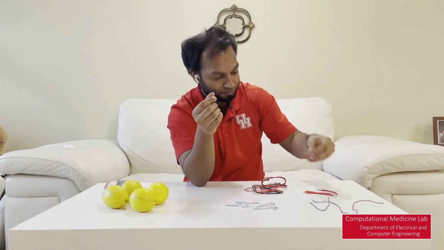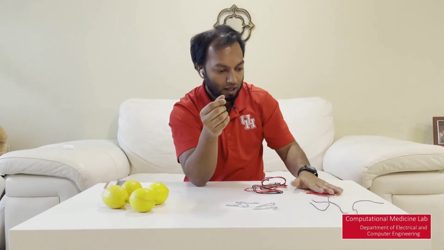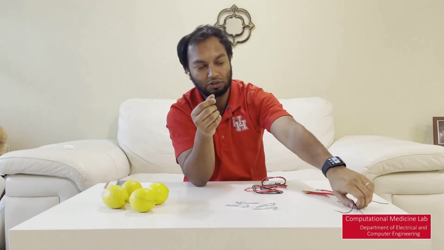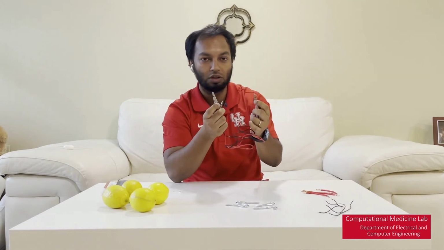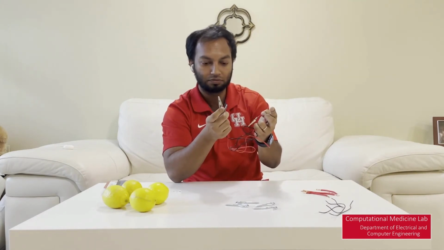I just stripped the rubber coatings off, and then I have these coppers, you can see, and then some wires. I have 3 small wires, and wires connected with crocodile clips, and then I have an LED bulb.